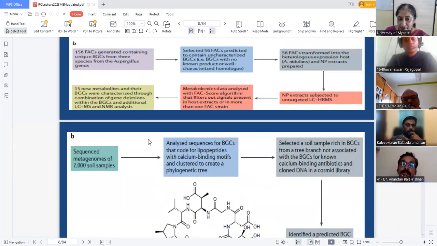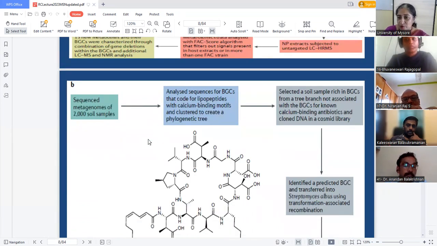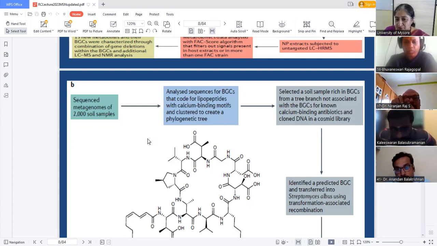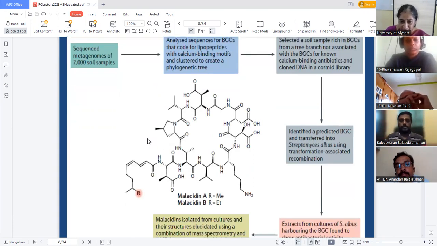Otherwise, there is a sequence-based metagenomics approach where you can use a particular character like the calcium binding domain or any other target-based assays, and use a transformation system like Streptomyces coelicolor and Streptomyces albus as organisms into which the gene can be introduced, and then the metabolite can be produced at a precise pace.